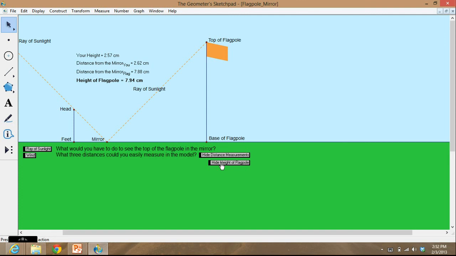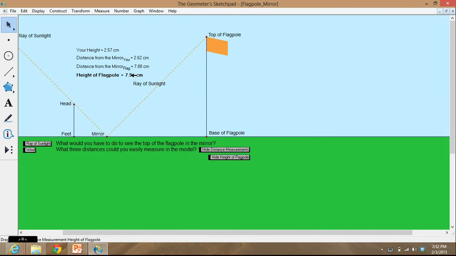Okay? So 2.57 divided by 2.62 is equal to x over 7.88. Cross multiply, and you'll get x is 7.94 centimeters tall. And that's all there is to it.